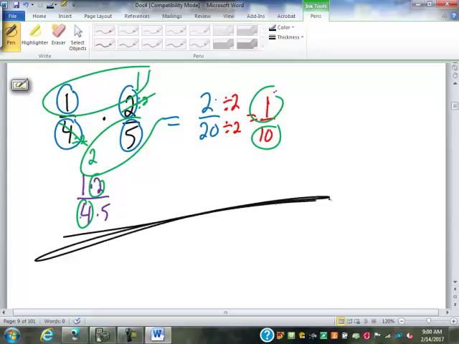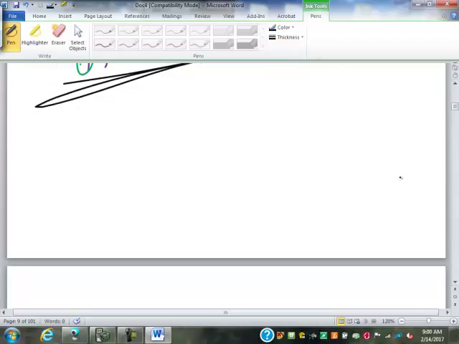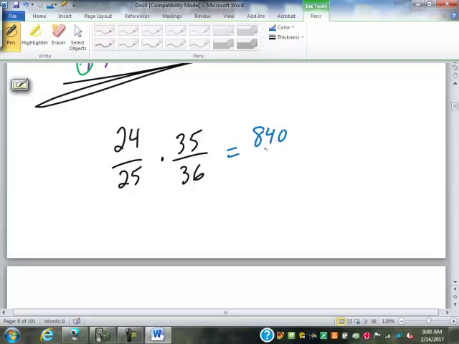Now in a problem like this one, it's about the same amount of work either way. But we can run into a problem like this one, where multiplying it out and reducing later is going to be a little tedious. For example, 24 times 35 is going to be 840.